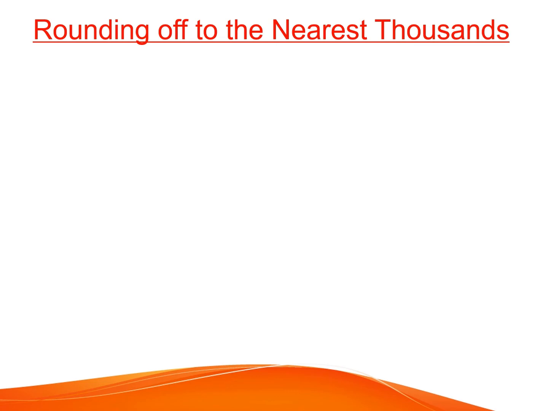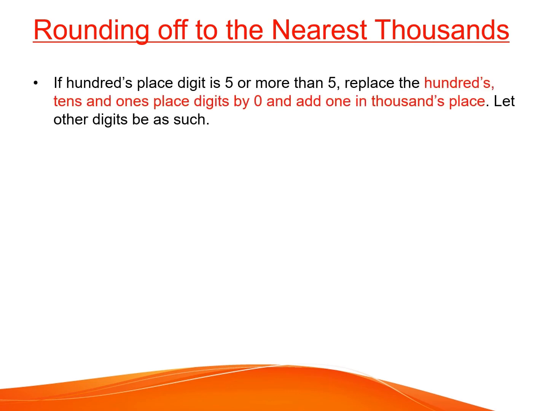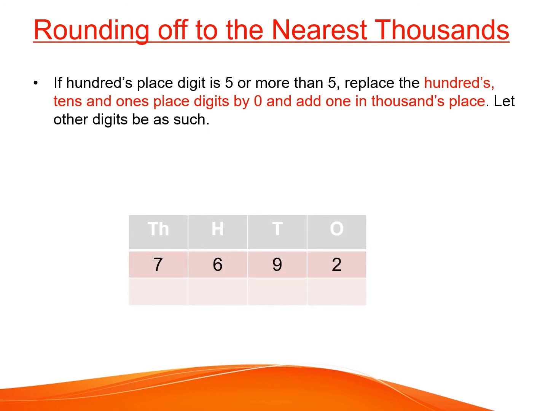To round off a number to the nearest thousand in which the hundreds place digit is 5 or more, we will replace the hundreds, tens and the ones place by 0 and increase the digit at the thousands place by 1. So you can see in the example below, 7692. If you want to round off to the nearest thousands, you will check the hundreds place, that is 6.